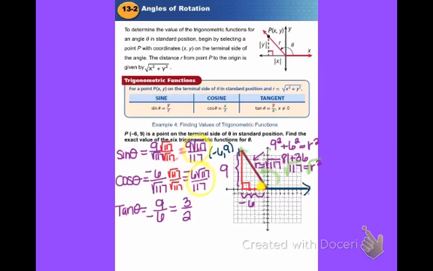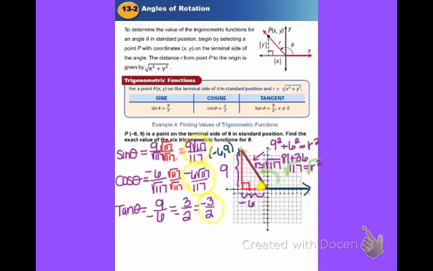So that -6, when it reduces to the -2, would make my tangent -3/2. So here when I'm in this second quadrant of the coordinate plane, the sine ratio was the one that was positive. The cosine and the tangent turned out to be negative because both of those ratios used the adjacent side, which turned out to be a -6.